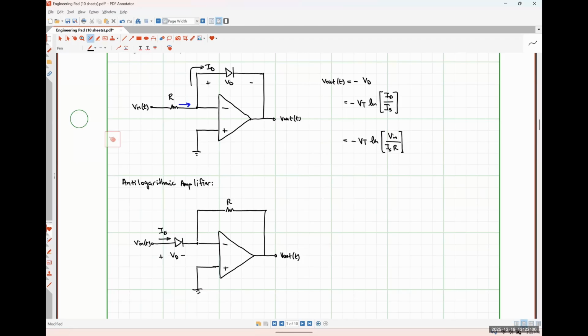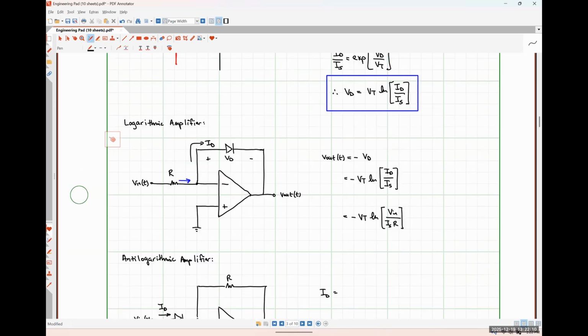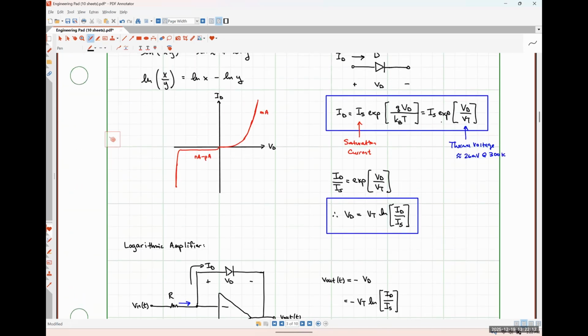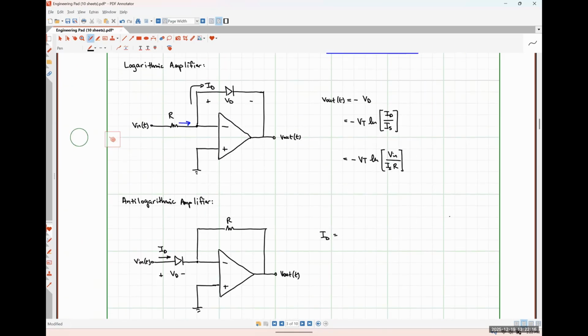So I'm going to write a relationship here. ID will be equal to, and I'm just going to scroll up here, I'm going to use this guy, IS EXP times VD over VT.